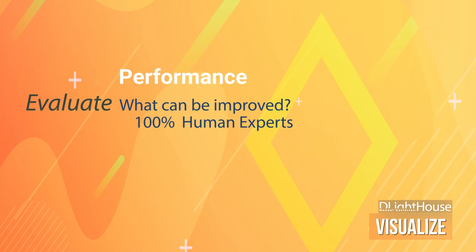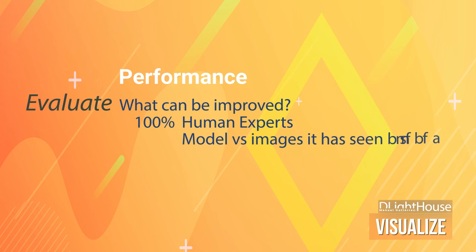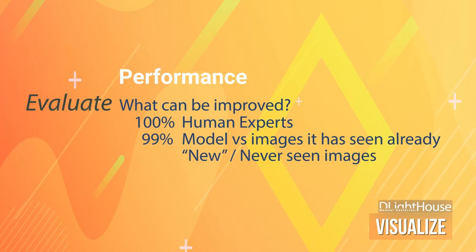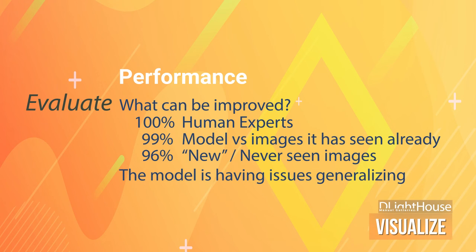Then, if we check the results from the training process, we have training performance at 99% accuracy, which is good. But the validation accuracy is at 96%, meaning that our model seems to have some problems generalizing for images that it hasn't seen before as part of the training set.